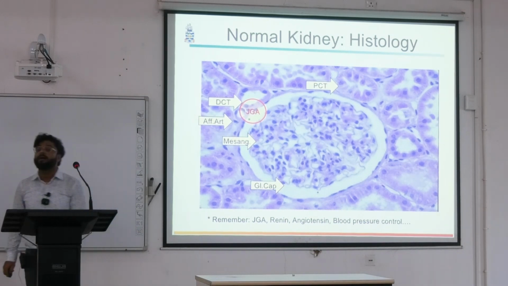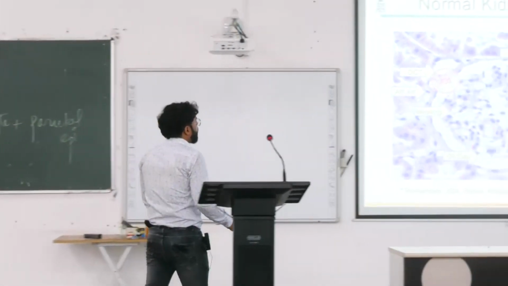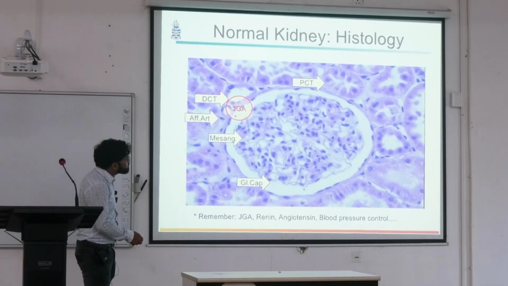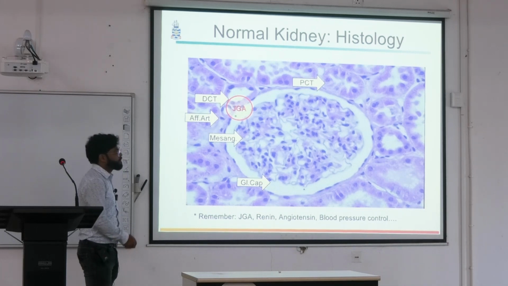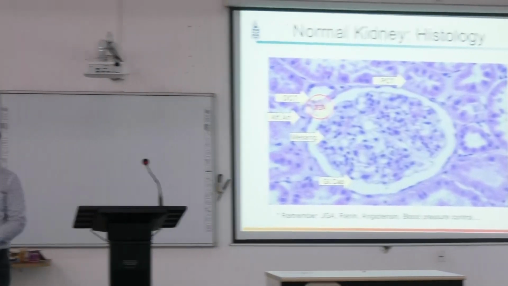These are nothing but podocytes. This clear space between the podocyte and the parietal epithelium is known as Bowman space. And see, these cells are nothing but parietal epithelium. This is nothing but a glomerulus under histopathology.